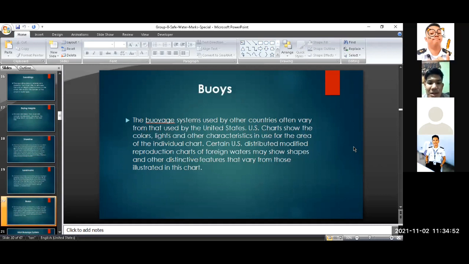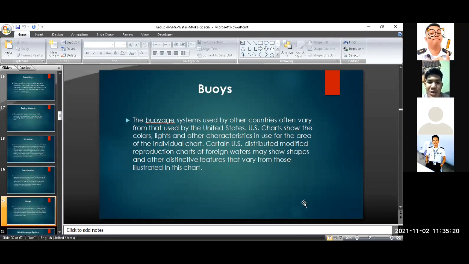Buoys. The buoyage system used by other countries often varies from that used by the United States. USA charts show colors, lights, and other characteristics used for the area of the individual chart. Certain USA modified reproduction charts for foreign waters may show shapes and other distinctive features that vary from those illustrated in charts.